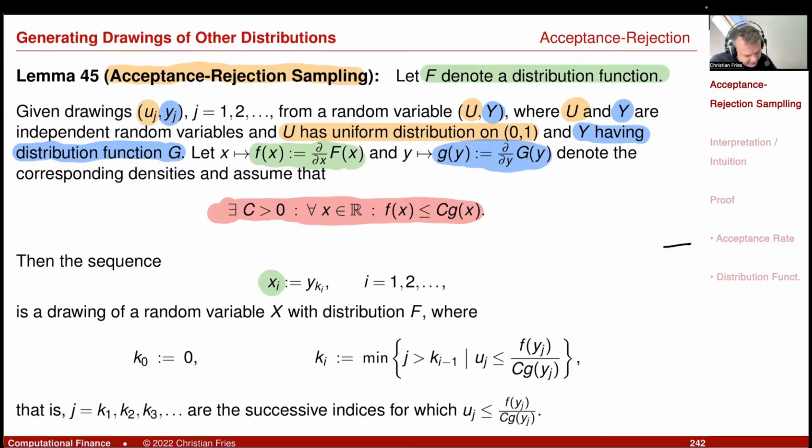Okay, so if you would like to have a small picture, the situation is like that. Here's your x. Then we have the density of f. So that's maybe my target distribution. Okay, so maybe that looks like that. That's maybe a normal distribution.